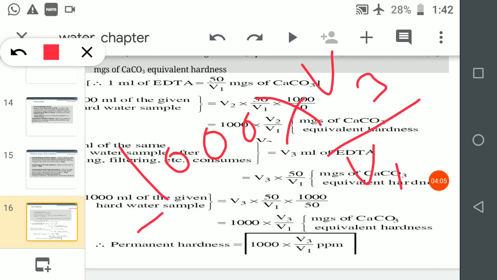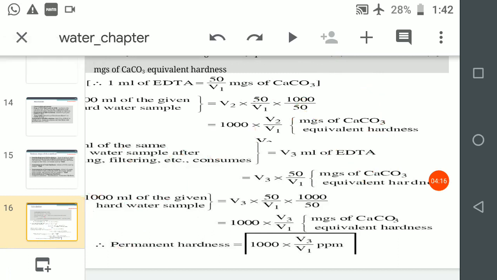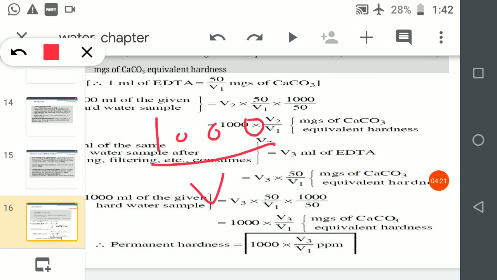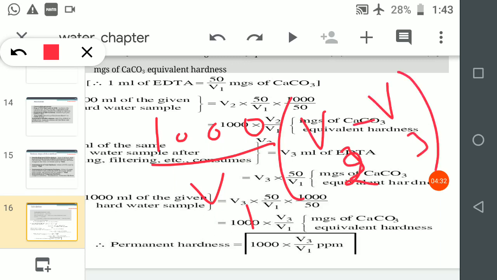If we subtract this value from total hardness, that is 1000 into V2 upon V1, then 1000 upon V1 will be common. Then V2 minus V3 is the hardness. Then we can find out this temporary hardness. It's a detailed calculation of the EDTA method.